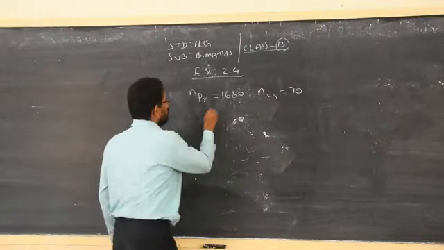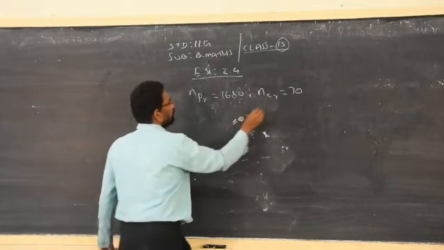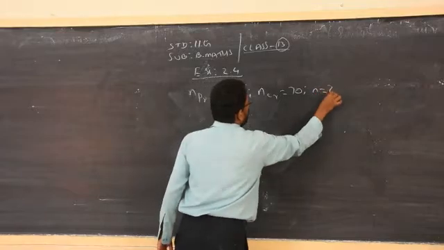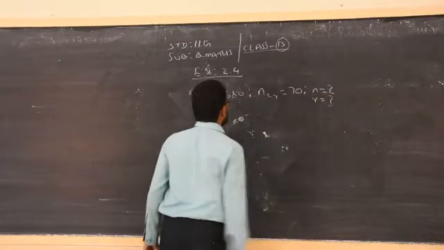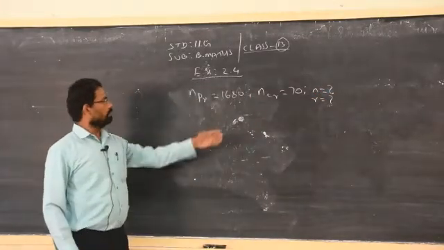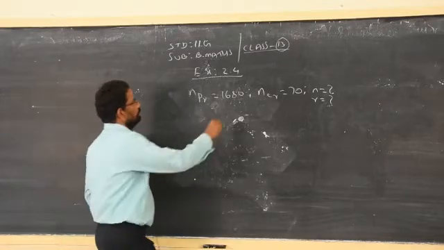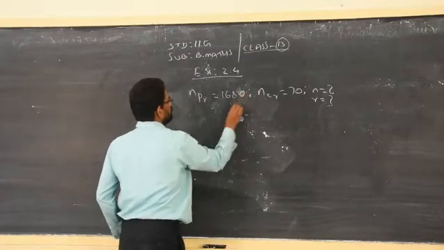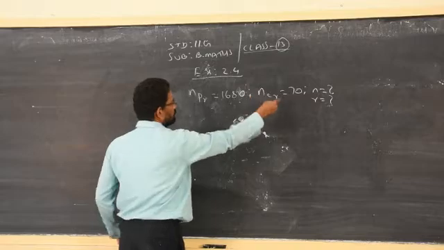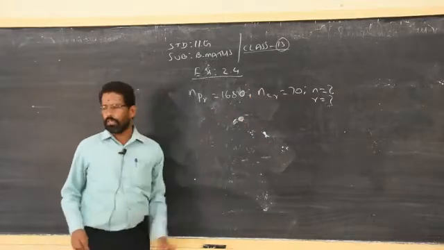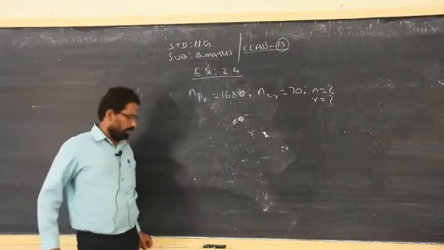Find N and R. So you have to find both N and R. It is given only that NPR is equal to 1680 and NCR is 70. By using these two concepts, you have to find them out.